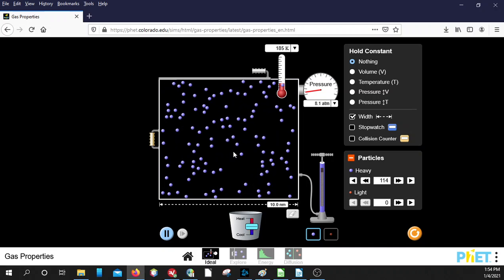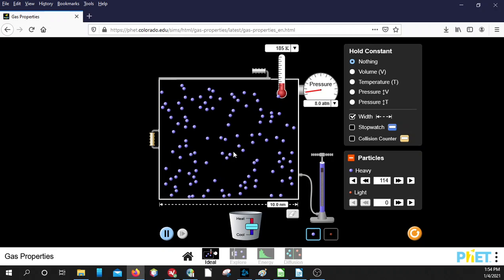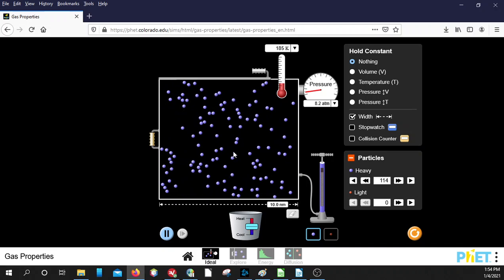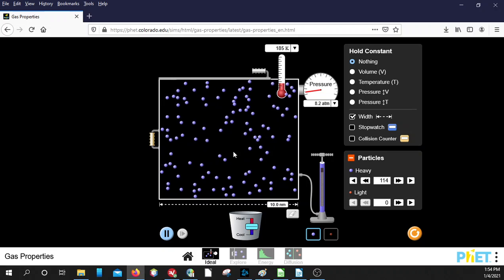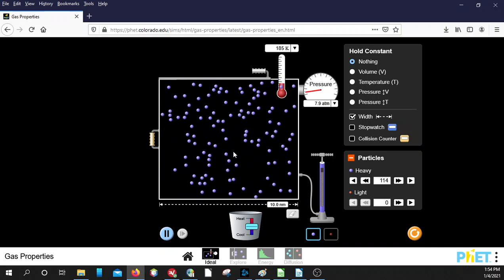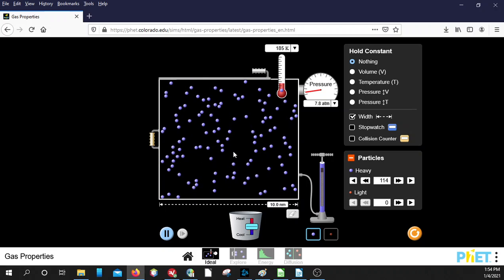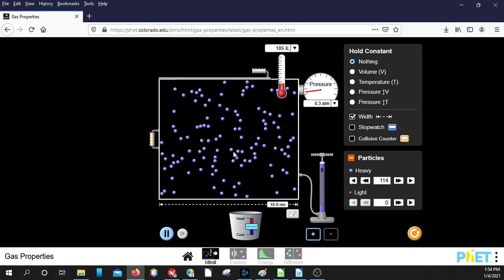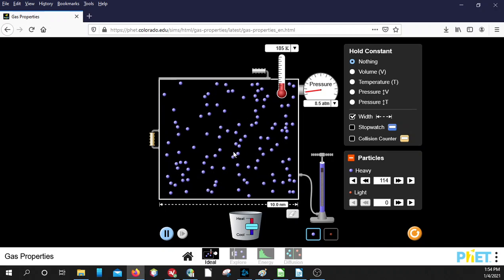So one thing to note is this pressure gauge. It's bouncing around quite a bit. Now, that's not something we'd normally expect from the behavior of gases. If you have a tire gauge for the tire of your car, you've got that little metal tube with that white stick that can move in or out depending on how much pressure there is. It's spring loaded.